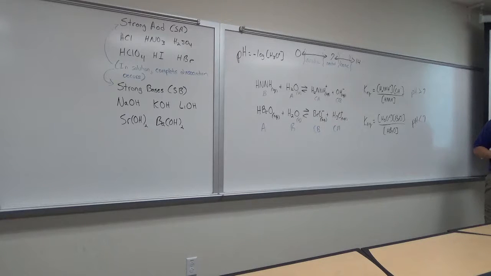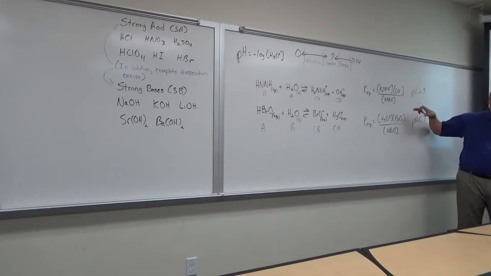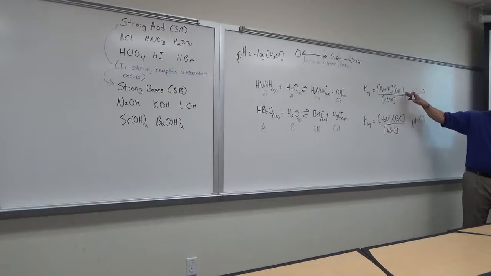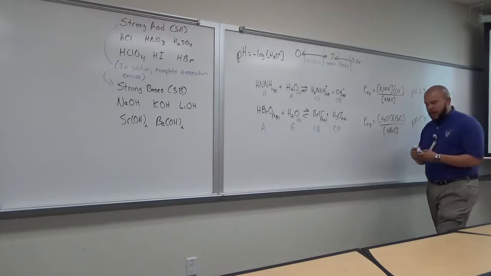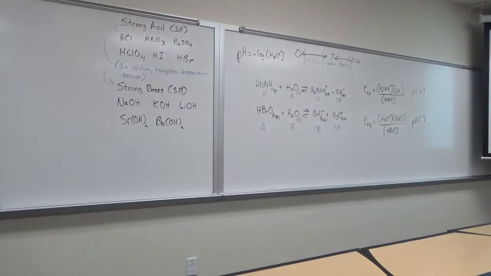Again, pH is a function of hydronium concentration only. The hydroxide concentration impacts pH, but we can't calculate it from here. We'll talk about pH calculations in a little bit. But that was a good example that kind of incorporated everything up until this point.